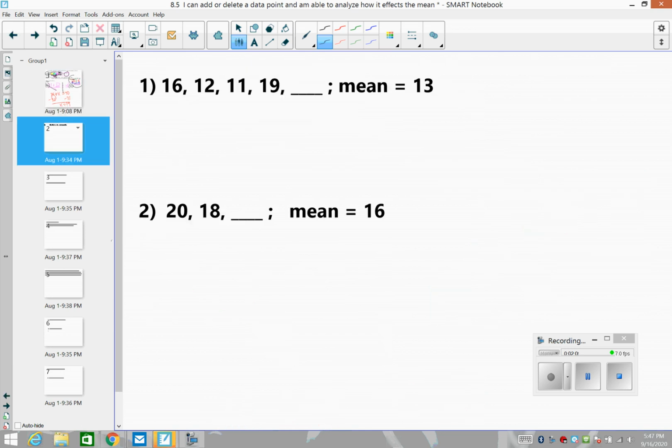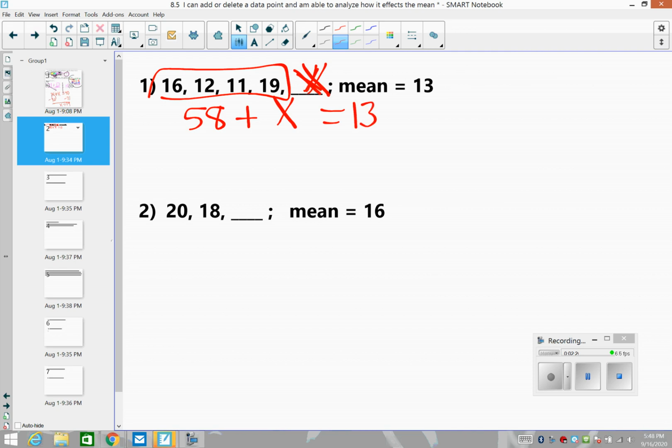So for example 1, we know these are our test scores, so let's add those up quick. That'd be 30, 40, 58. I'm getting 58. So we want to know, what does this one have to be to get an average of 13? To get the average, we have to divide by 1, 2, 3, 4, and that one, 5. We need it to be an average of 13.